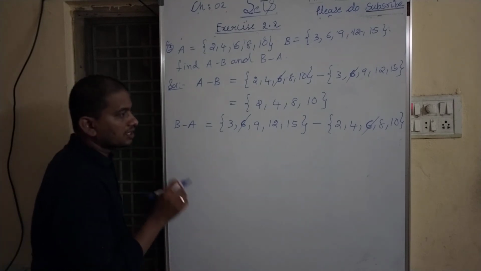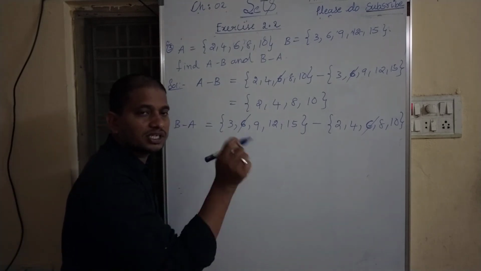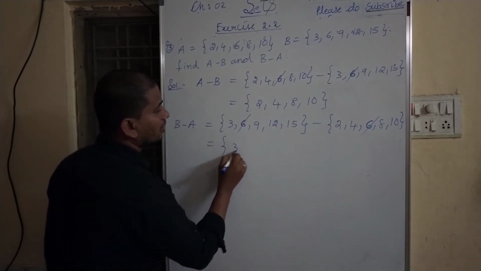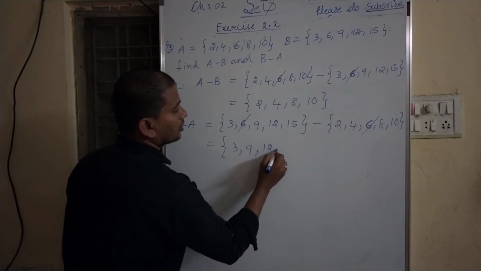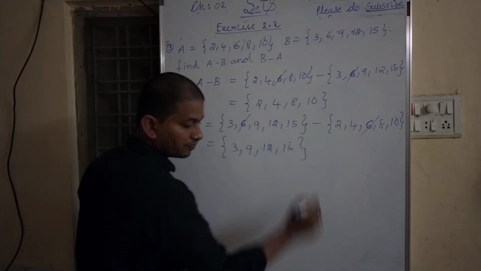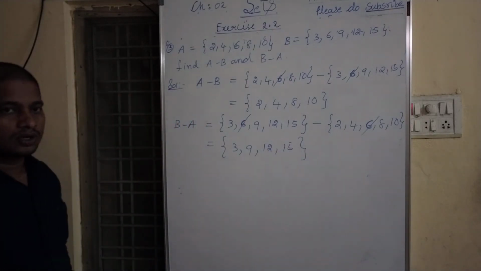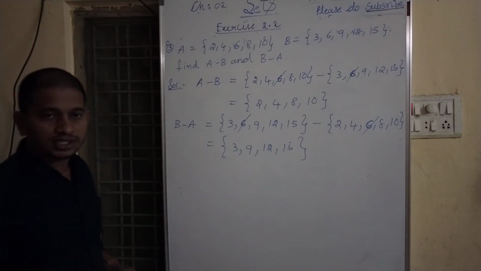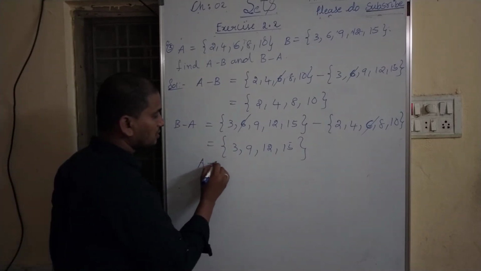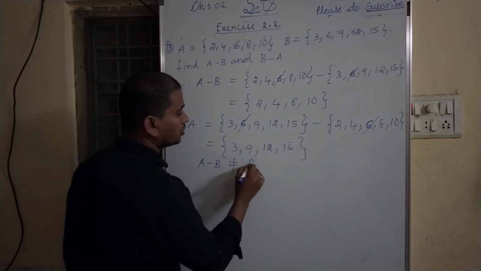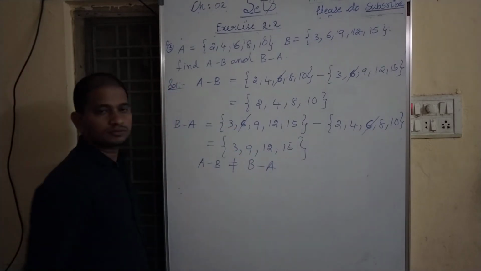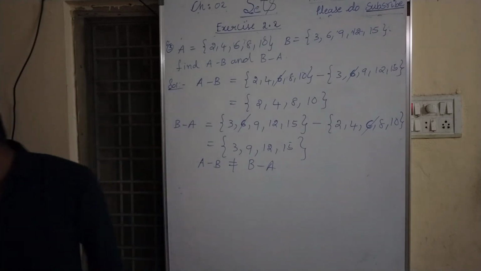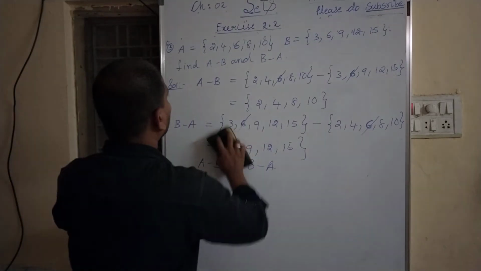So what is B minus A? Only the elements in B but not in A. Only the elements in B are 3, 9, 12 and 15. Okay. So is A minus B equal to B minus A? No. We observe that A minus B is not equal to B minus A. Okay. This is our third question.